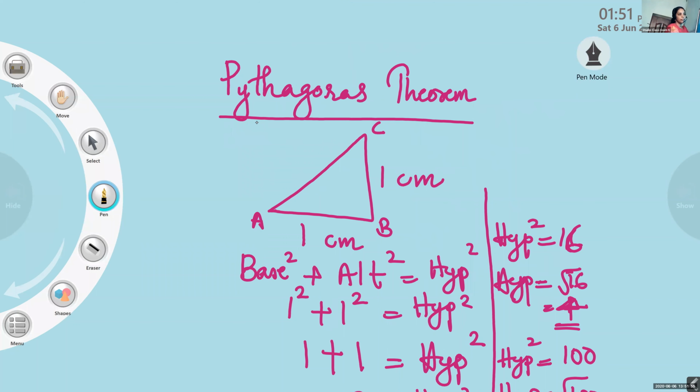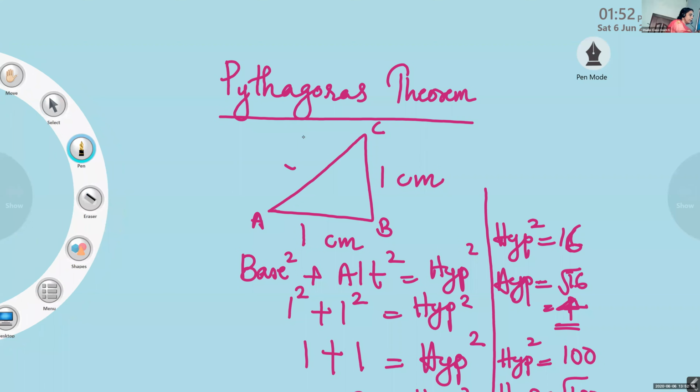Vishnupriya, tell the answer. If 1 centimeter is the base and altitude, just now we found what is hypotenuse. Root 2.